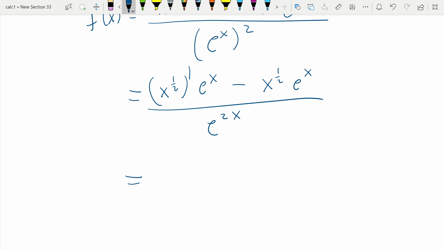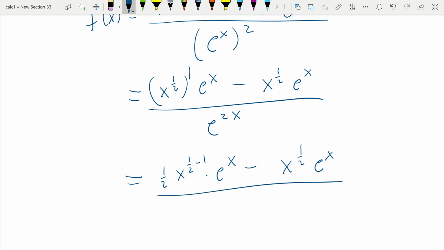And this is just a property of exponential functions. And here the derivative of x to the 1/2, applying the power rule, is 1/2 x to the 1/2 minus 1, times e to the x, and then minus x to the 1/2 e to the x, all that divided by e to the 2x.